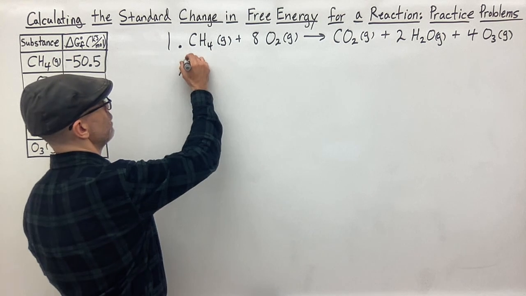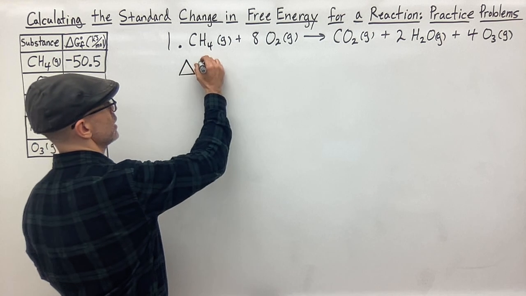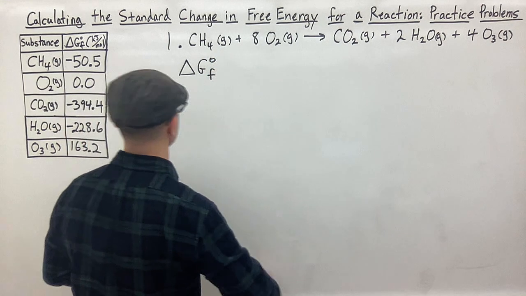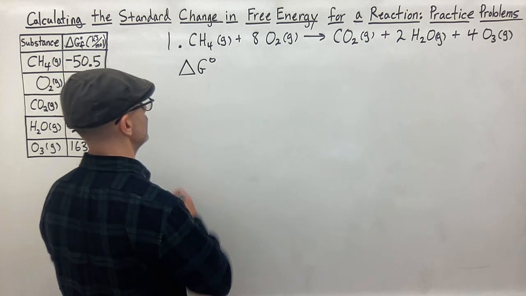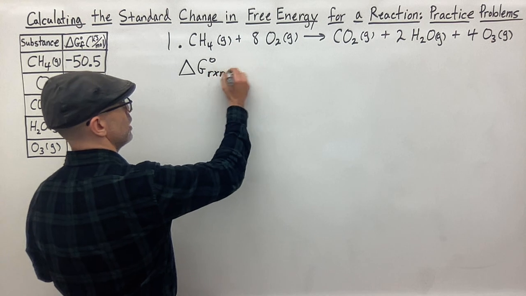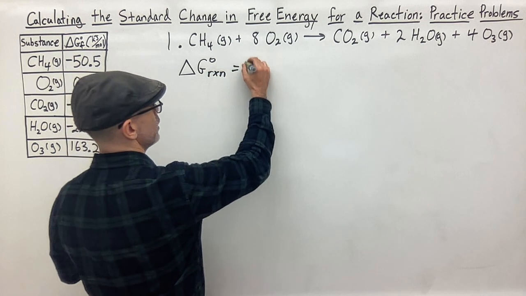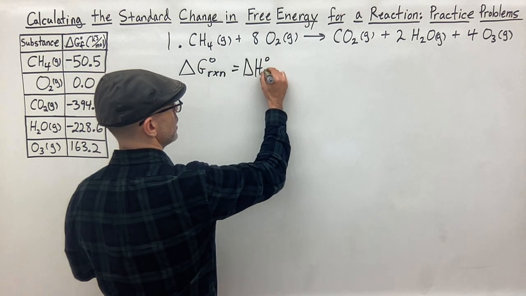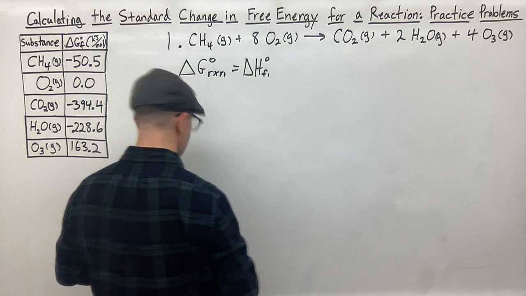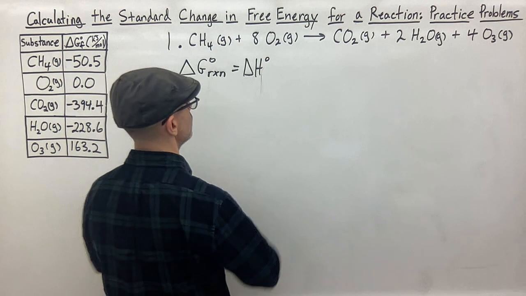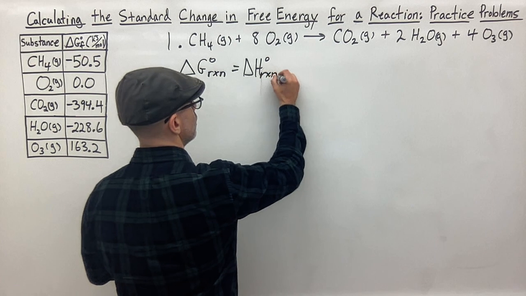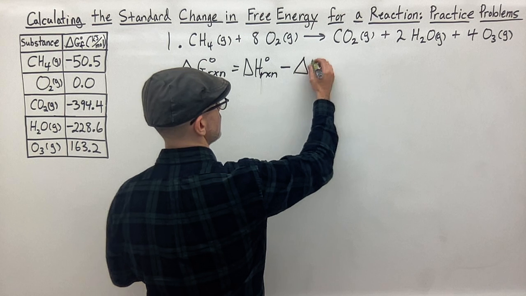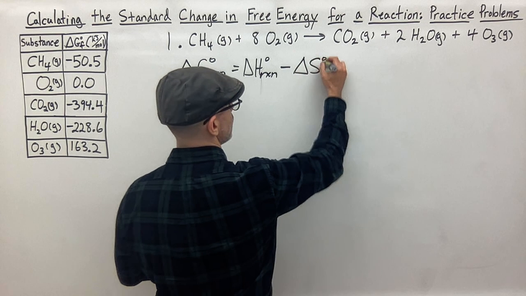So I've showed that you can calculate the standard change in free energy of a reaction by calculating the delta H standard enthalpy of a reaction, subtracting from that the standard entropy of a reaction.